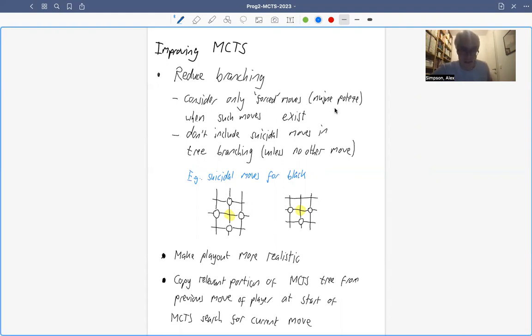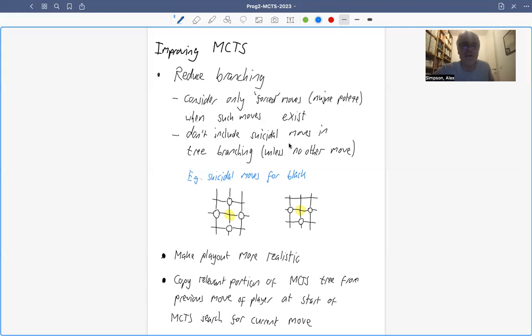So don't make the random playoff completely random. It should at least play a forced move when it has one. Actually that was already implemented in the vanilla Monte Carlo tree search that I just showed you.